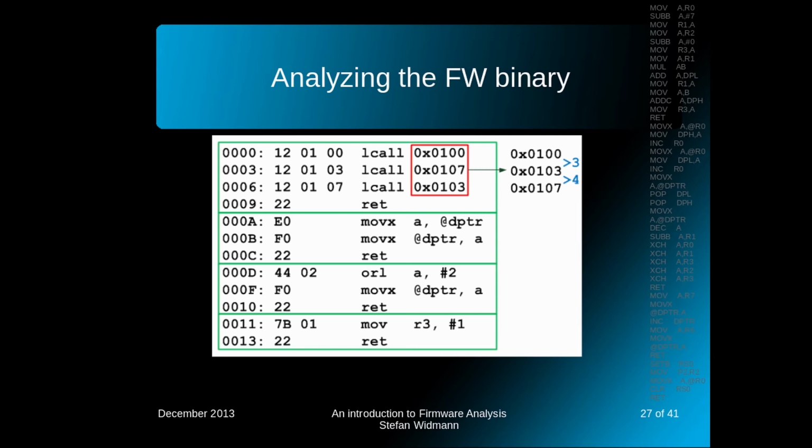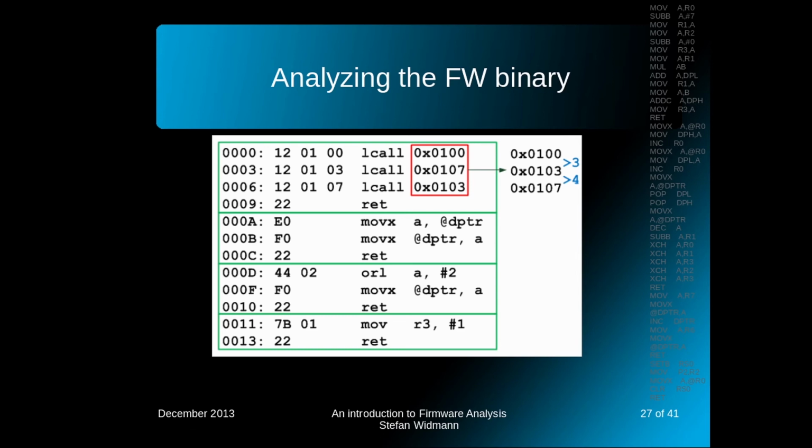Now we take a look how subroutines are built in this specific architecture. On x86, not on the 64-bit platforms, but the 32-bit and 16-bit platforms, you will mostly find a stack frame entry sequence in every function, like push BP or push EBP, 55. So you can trigger on that one.